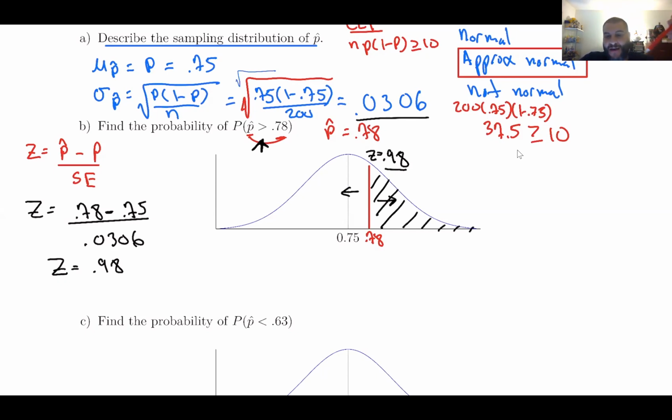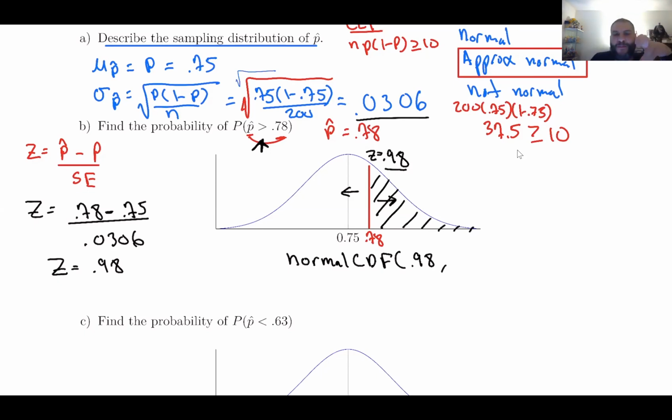Now that I have my Z value, I'm going to do normal CDF. We want the lower bound, which is the lowest value that gets shaded. Since I found the Z value, I prefer to use the Z value versus 0.78. So the Z value is 0.98, and that's my lower bound.